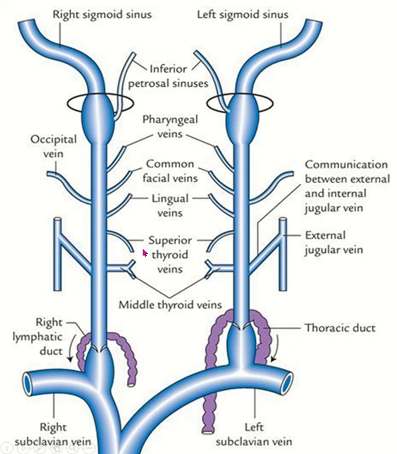Why is the internal jugular vein so important? The internal jugular vein is commonly used for central venous catheterization due to its size and accessibility. The jugular venous pressure serves as an indicator of right atrial pressure, aiding in diagnosing conditions like heart failure.